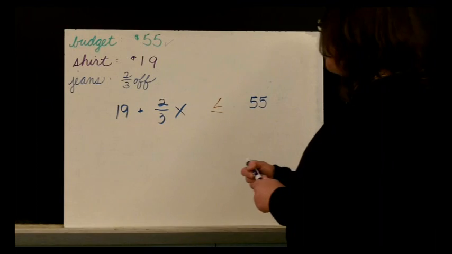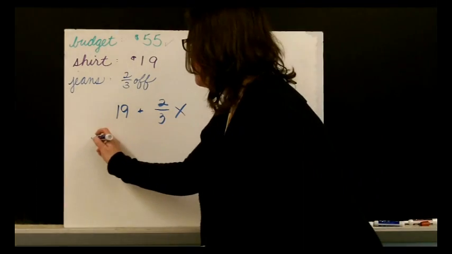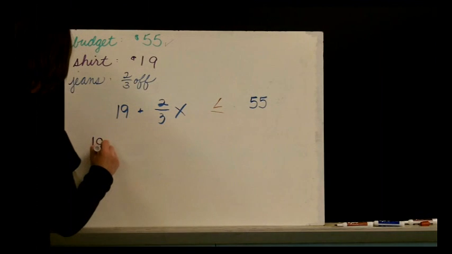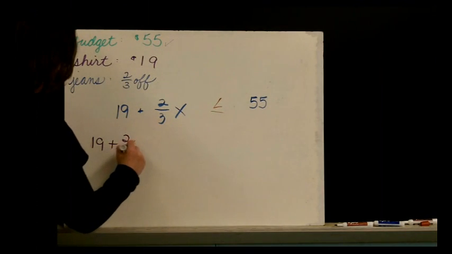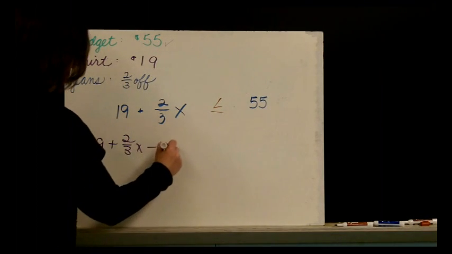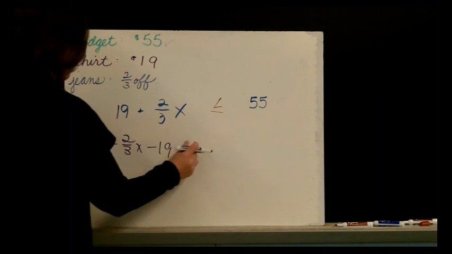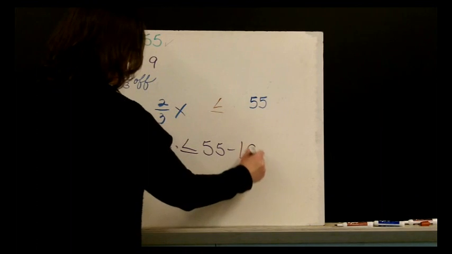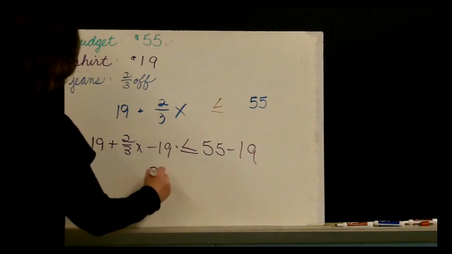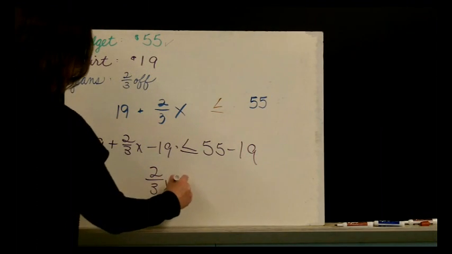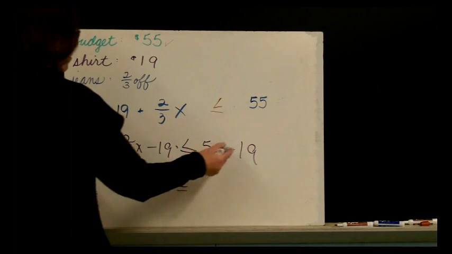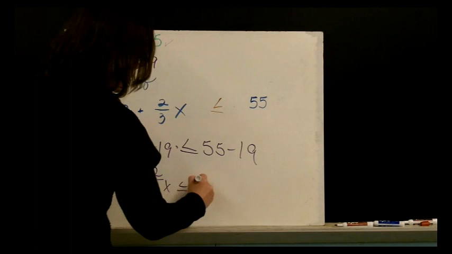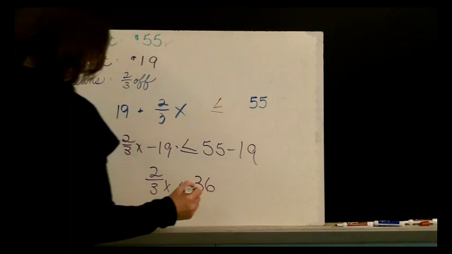We'll do that by putting a -19 on both sides. When we do, we end up with 2/3 x is less than or equal to 55 minus 19 is 36.